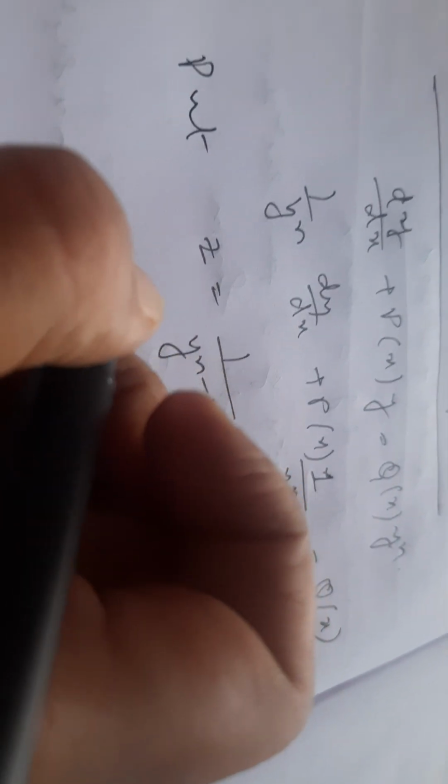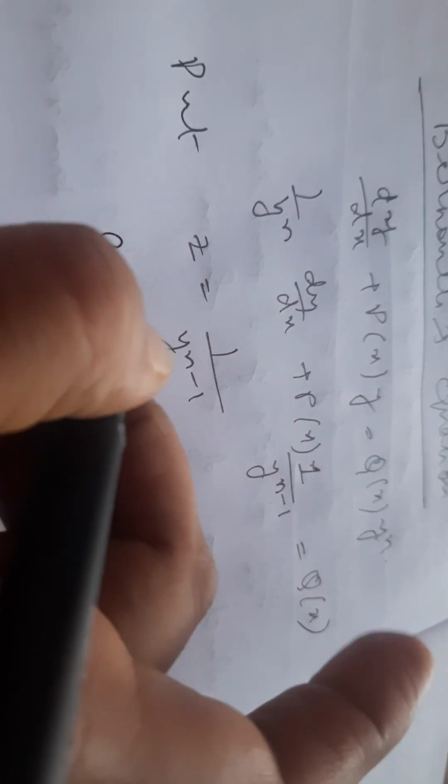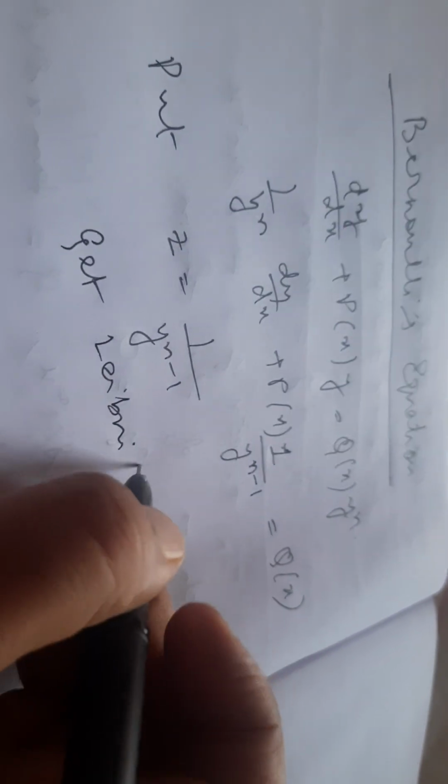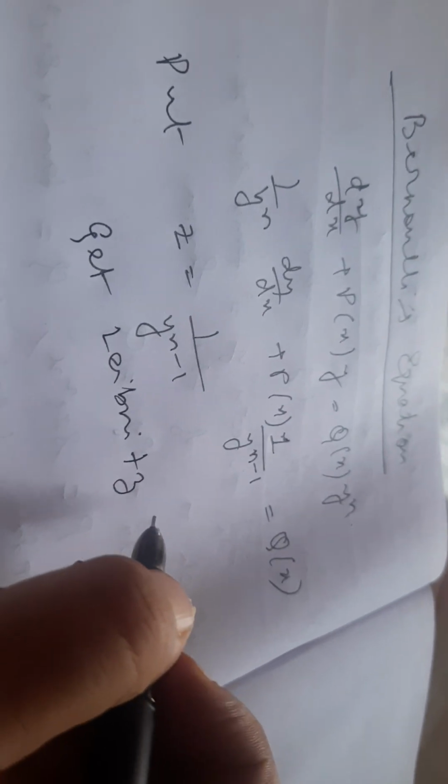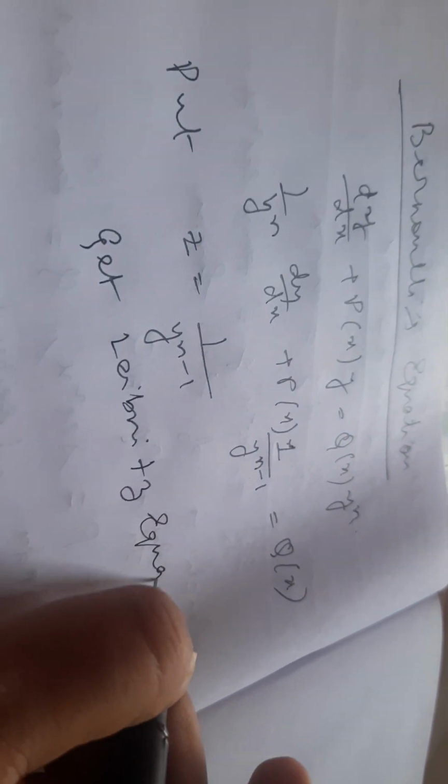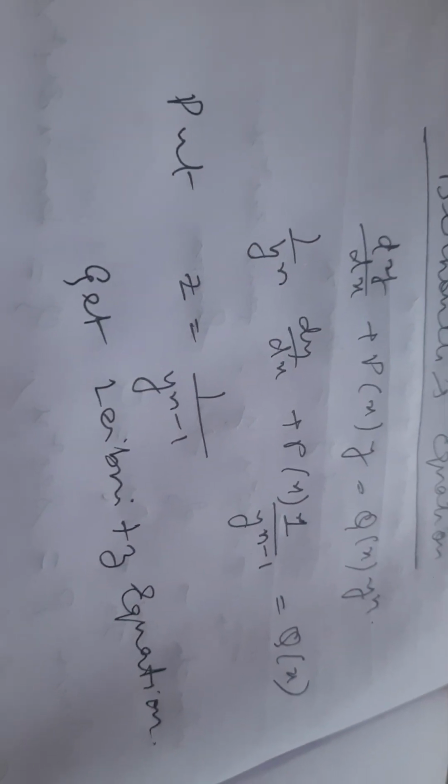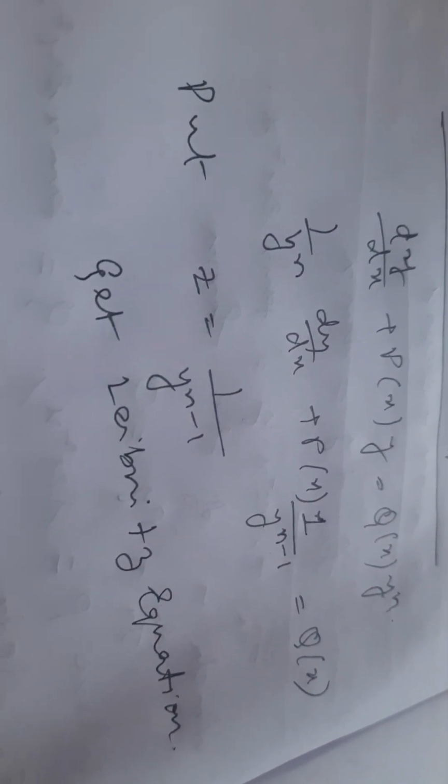And we will get the Leibniz equation, that means a linear differential equation of first order. And we know how to solve that. So let us do one example of that type.